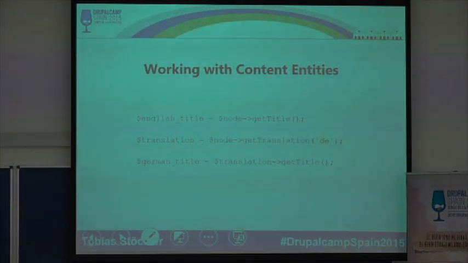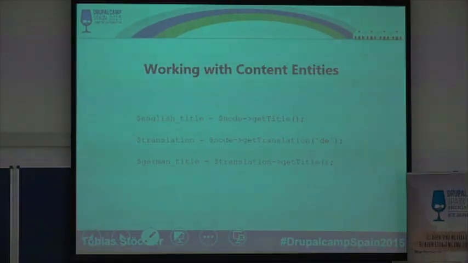Yeah, so now, as the last thing, I'll show you how to actually work with translations of content entities in the code. We've seen that you can use the content translation interface module to create translations from the UI.